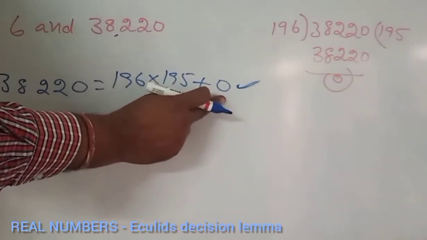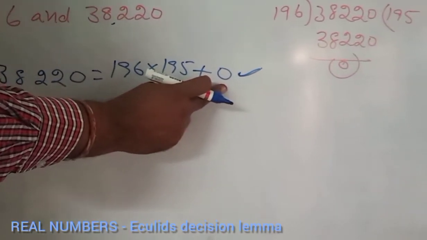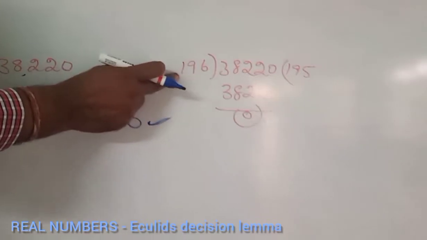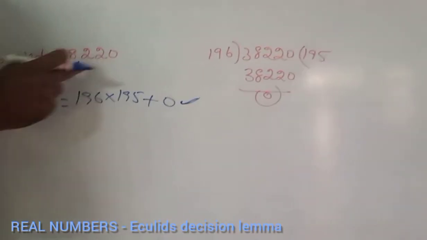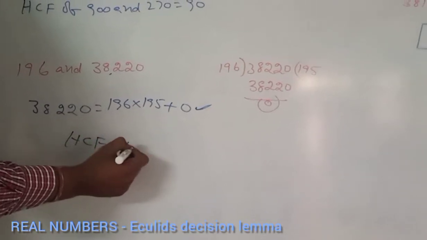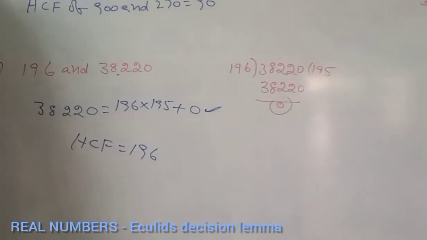So 196 is the HCF of these two numbers. So HCF is equal to 196.